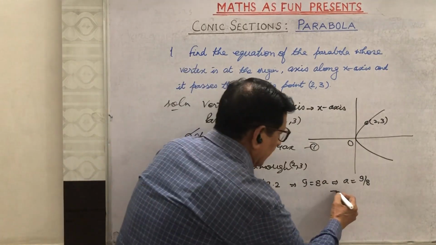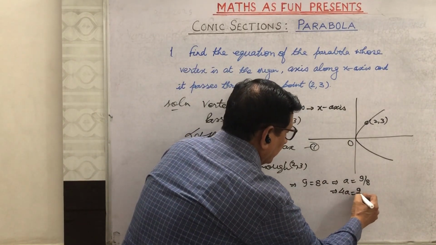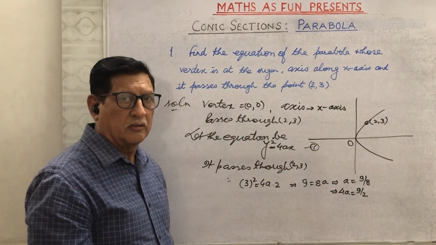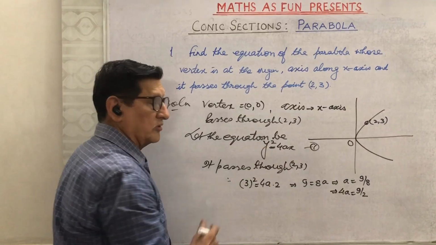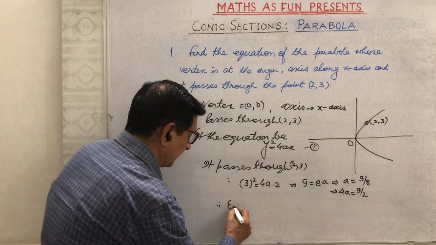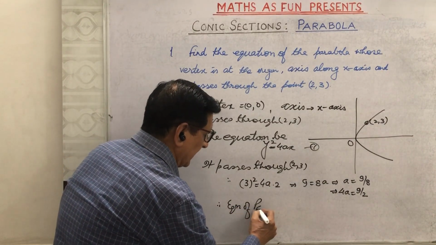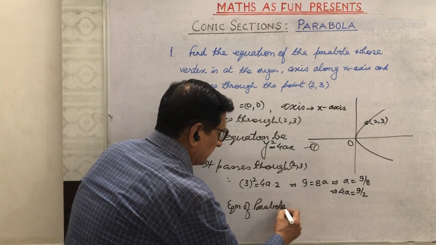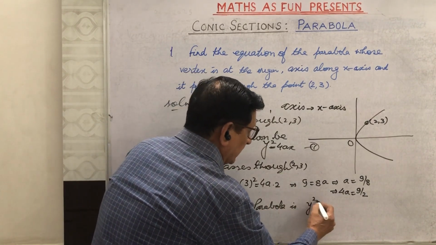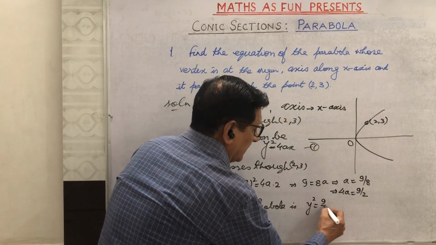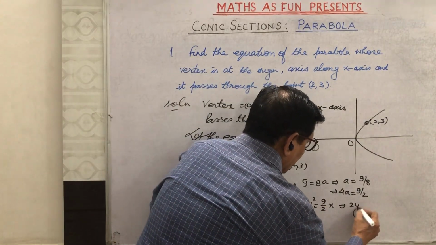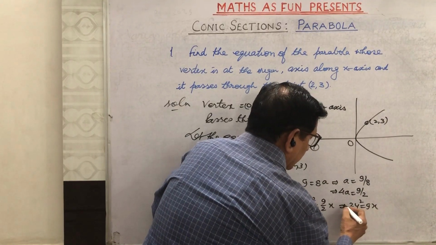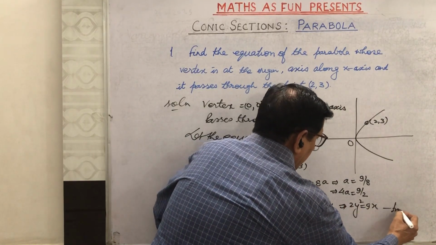We can also find directly the value of 4a, which is 9 by 2. Now we can substitute this value of 4a in the equation y square equal to 4ax, and we can write therefore equation of parabola is y square is equal to 9 by 2 x, or we can say 2y square equal to 9x. This is the answer.